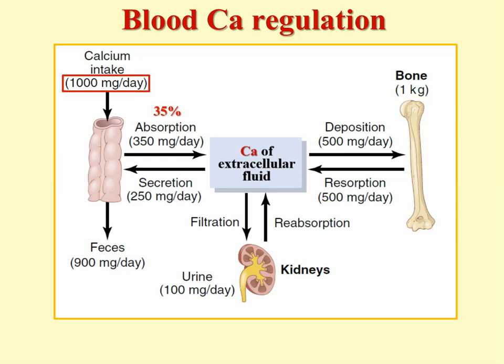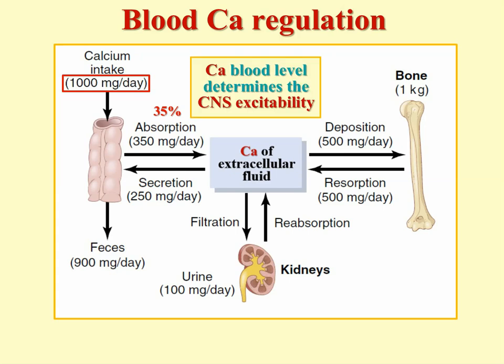So again, why is it so important? It's because the calcium blood level greatly influences the excitability of the central nervous system. Membranes of neurons become more or less excitable depending on the calcium blood level. Therefore, to keep normal excitability, we need to keep calcium constant.